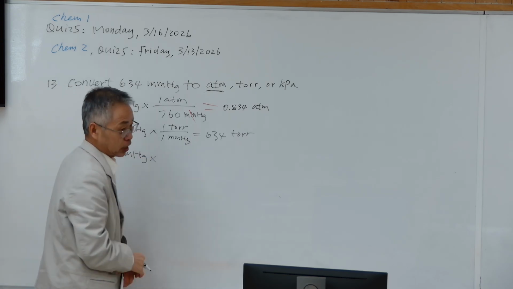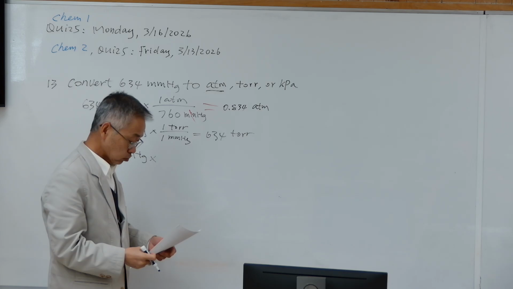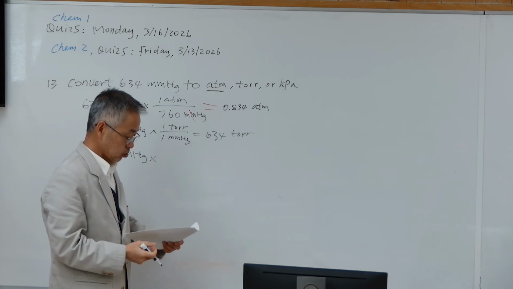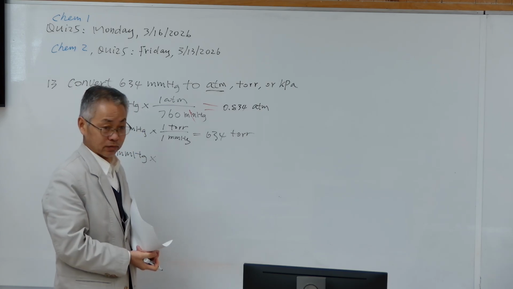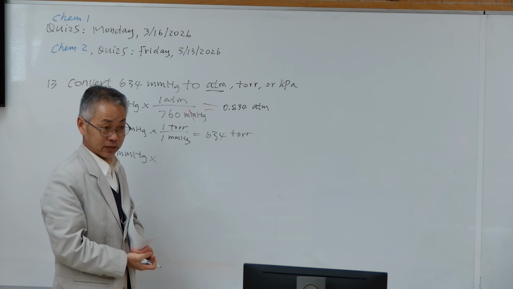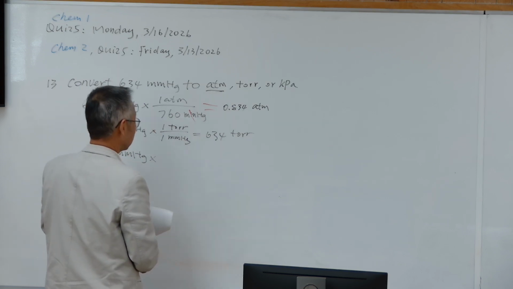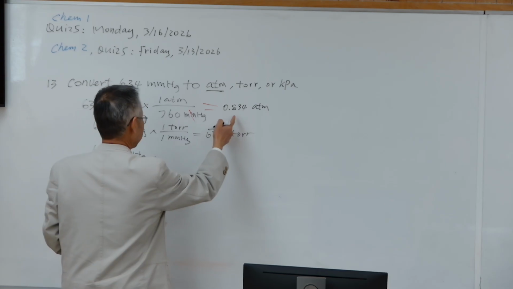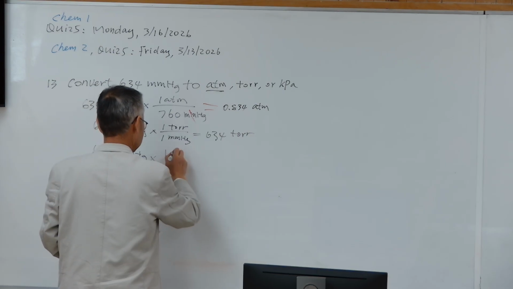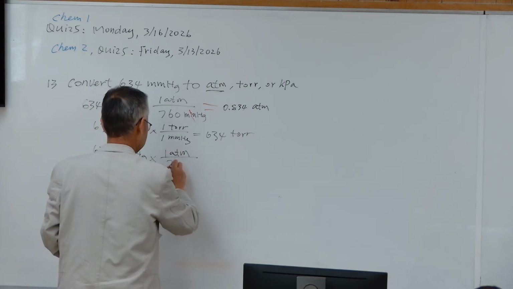kilopascal? Kilopascal in the upper level class is a common unit for pressure, but in Chem, not very common. So for kilopascal, you need this ATM first. So we still need to go through ATM first.